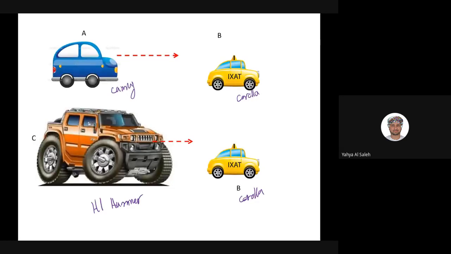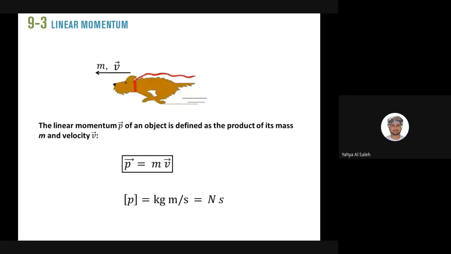We call it linear momentum. The linear momentum of an object is defined as the product of its mass and velocity. p equals mv, where p is the linear momentum, and it has a unit of Newton seconds or kilogram meters per second.